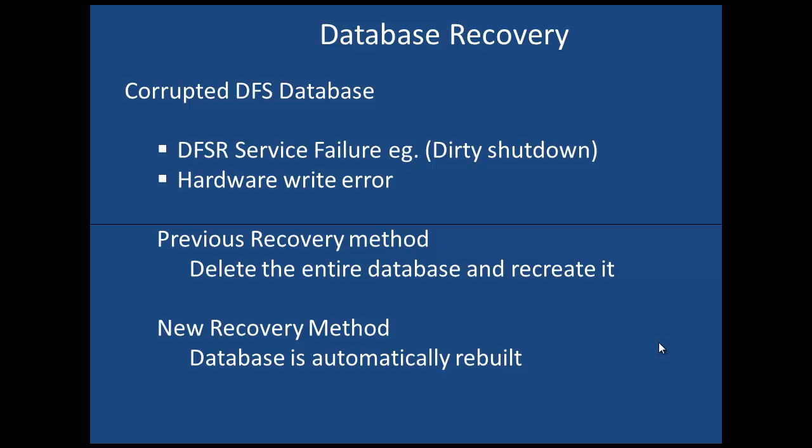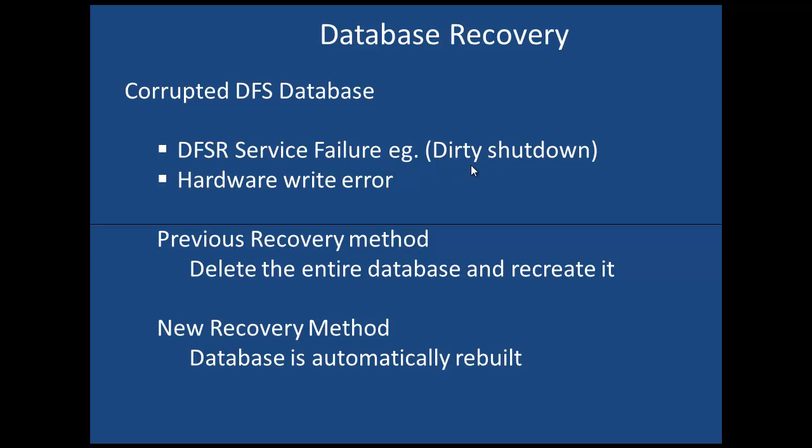We now want to turn our attention to database recovery. The database, the distributed file system replication database, can become corrupted. There are many reasons why a database may become corrupted. One of those reasons would be that there is a service failure on the DFSR server.